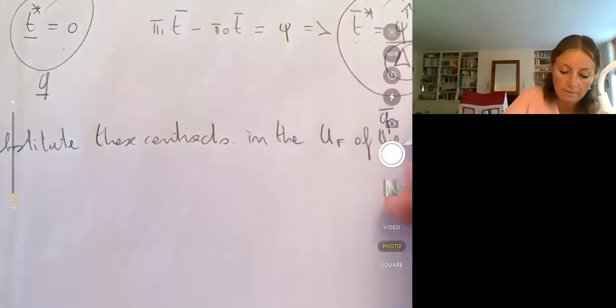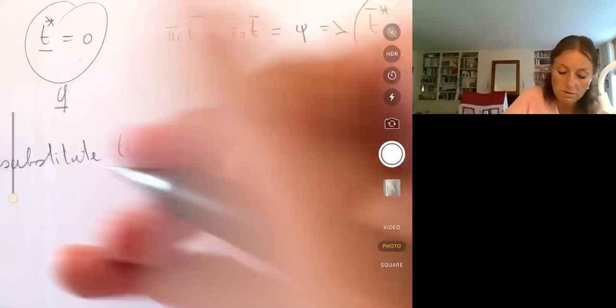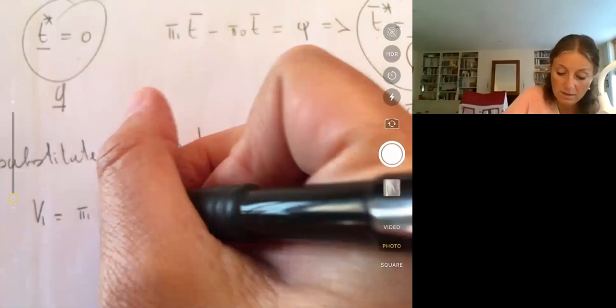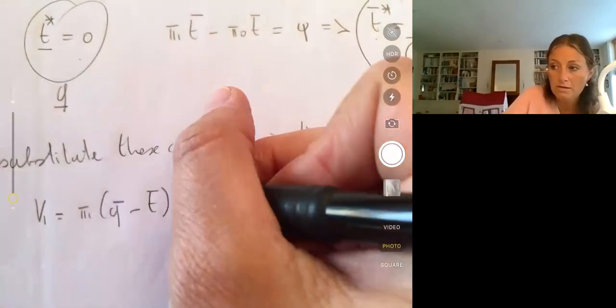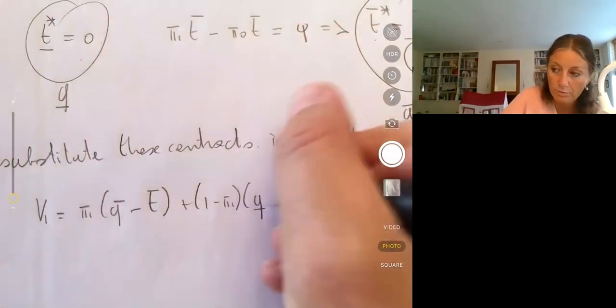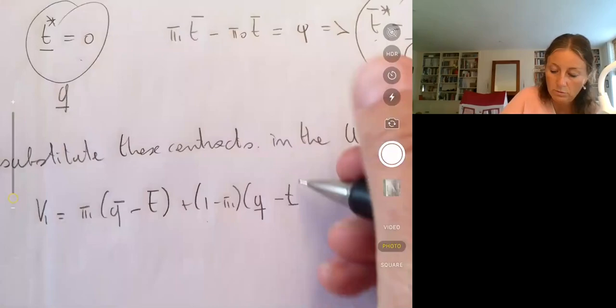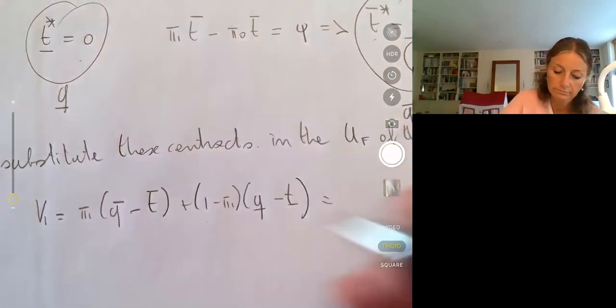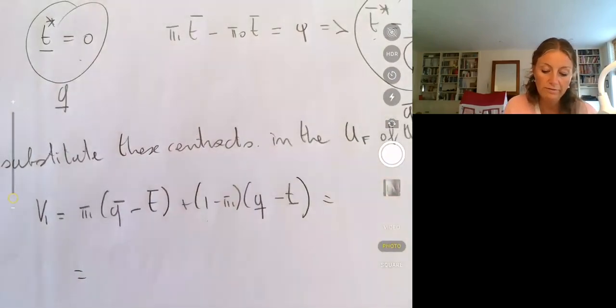We get P1 equal to pi 1 times Q upper bar minus T upper bar plus 1 minus pi 1 times Q lower bar minus T lower bar. And what do we have here?